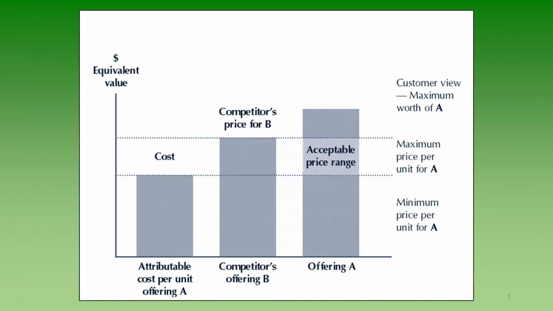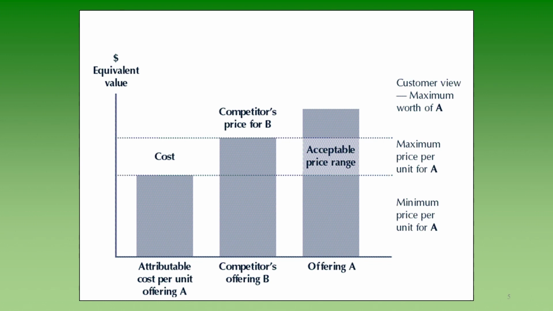And therefore, even though theoretically one could charge up to the top of the column on the extreme right hand side, in reality the price will play between the cost line and the competitor's pricing line, assuming they are equivalent and comparable.